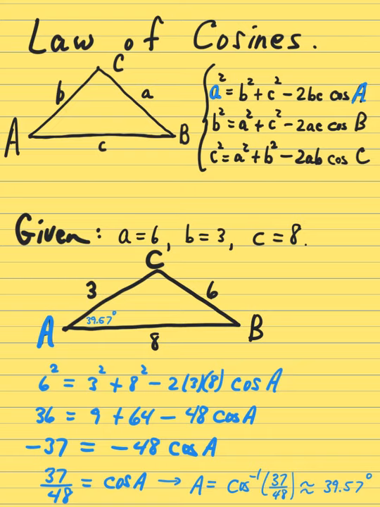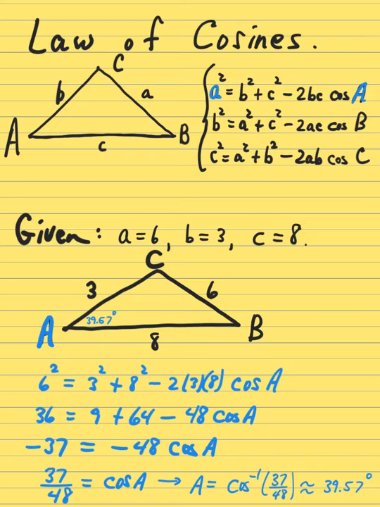Okay. Now, at this point, you can revert back to law of sines to get angle B. Now, if you wanted to stick with law of cosines and you wanted to find angle B next, you would use the middle equation in the braces at the top right of your screen.